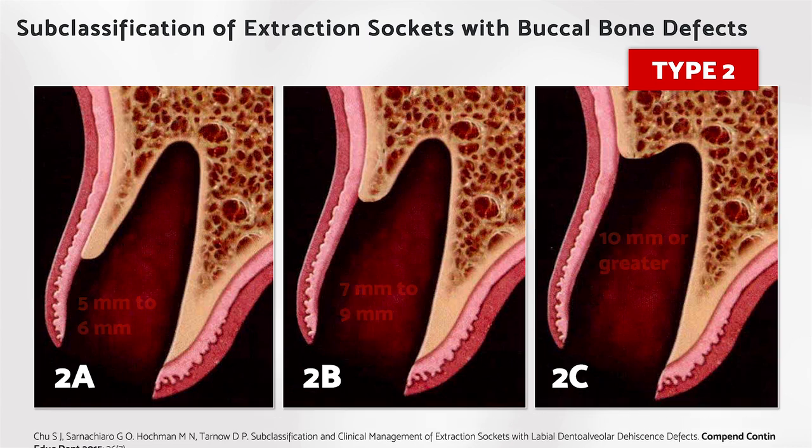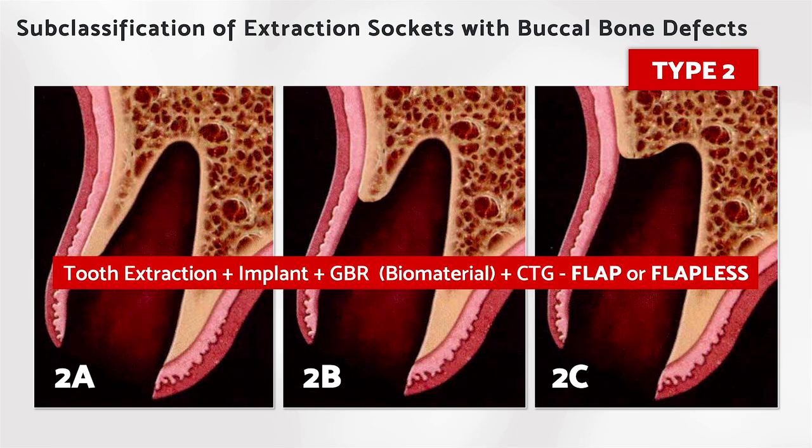They recommend tooth extraction plus implant plus GBR using biomaterial plus CT graft, connective tissue graft, using either flap or flapless procedures. This is the main difference between this kind of treatment and the IDR procedure. In the IDR technique, everything is solved in one single procedure without opening the flap, in combination with immediate provisionalization and bone reconstruction at the same time.